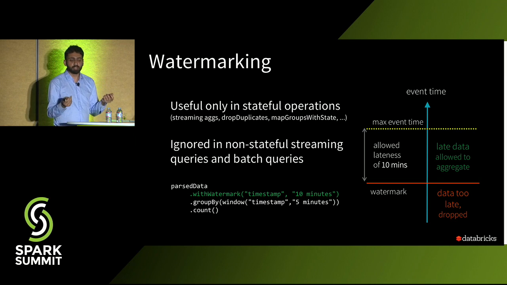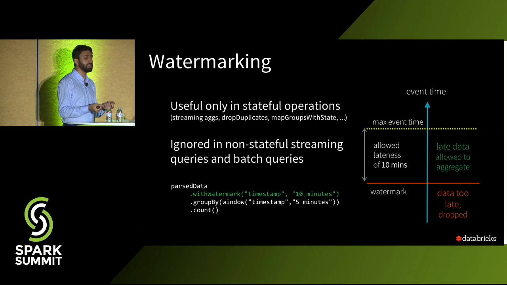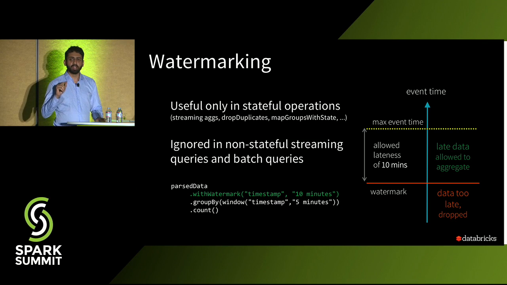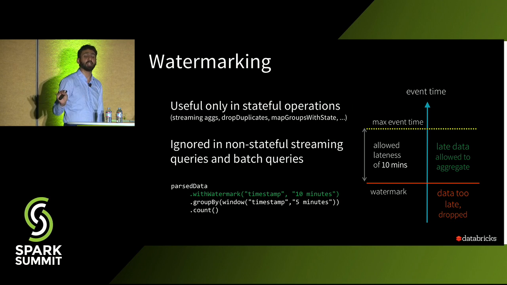Specifying the watermark in code is very easy. You just say with watermark, what is the event time column, in this case I'm going to consider Git as the event time, and what is the delay, the trailing gap the watermark is going to be behind the max event time. And note that when you specify this additional operation, it is useful only in stateful operations like streaming aggregations.